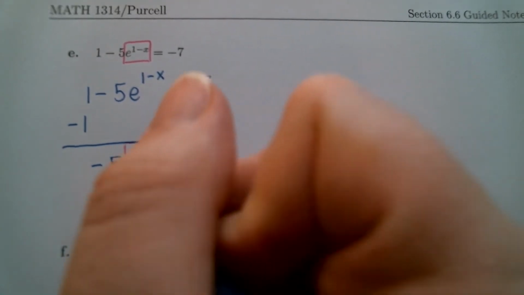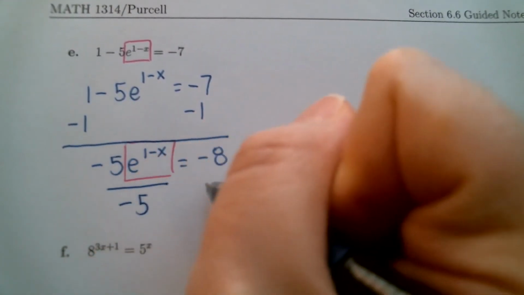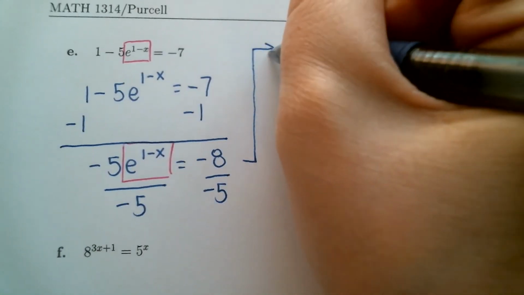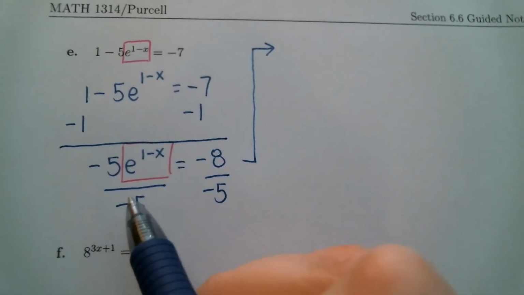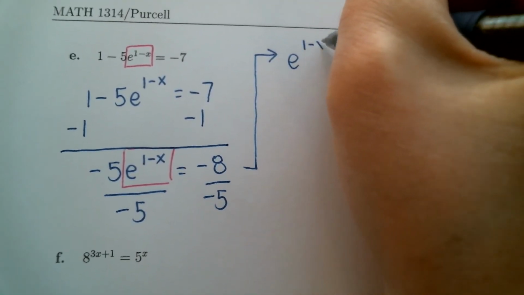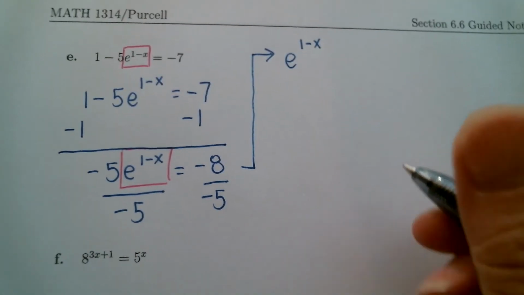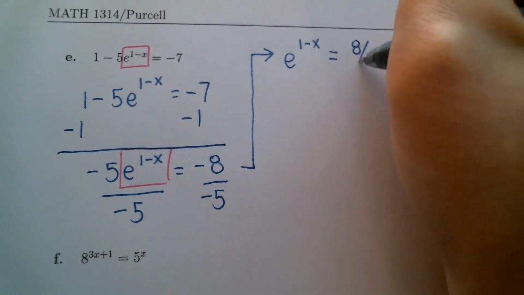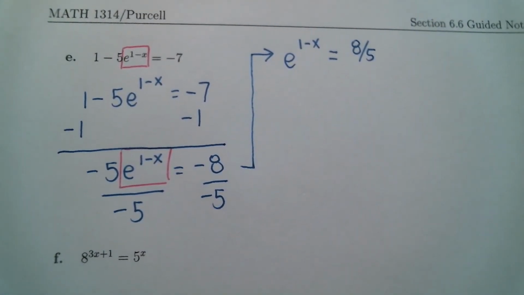So if you want to undo that, you've got to divide both sides by negative 5. The negative 5 divided by negative 5 cancel. You're going to get e to the 1 minus x on the left. On the right, negative 8 divided by negative 5. The minus signs cancel here, so this is a positive 8/5.